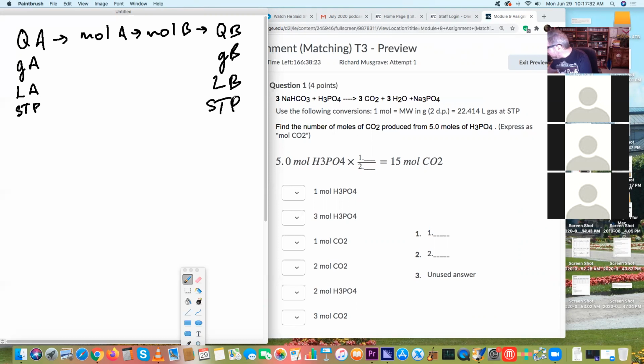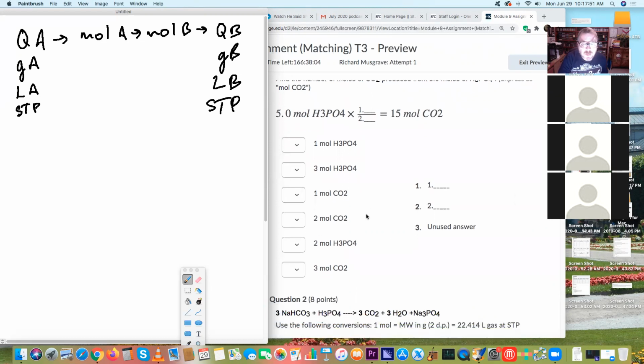So those are really the only things that we need to deal with here. And it's a matter of knowing where you're starting and where you're finishing. So for this case, where we're starting with moles and we're finishing with moles, this is the only part of the flowchart we'd be dealing with.